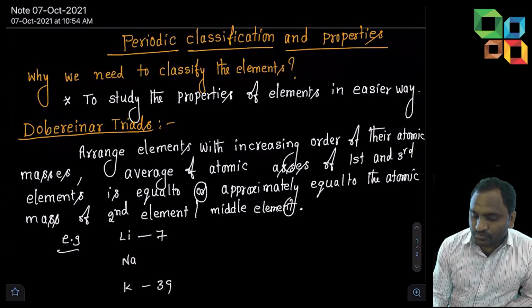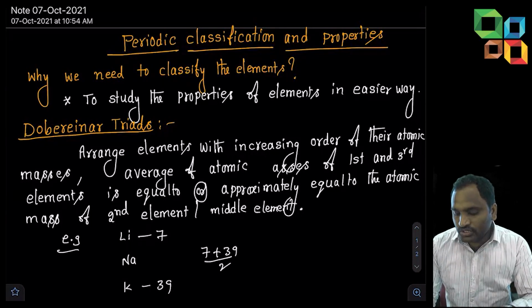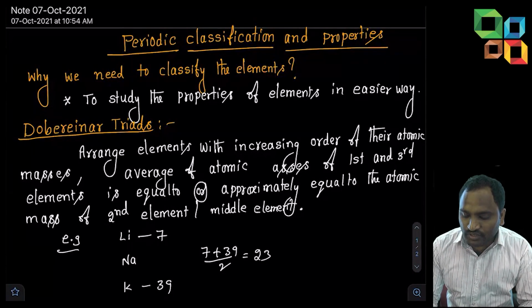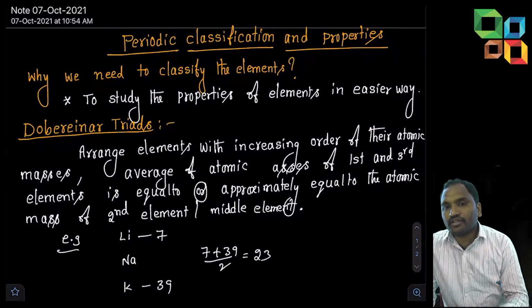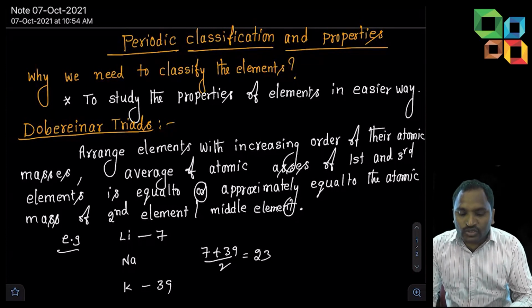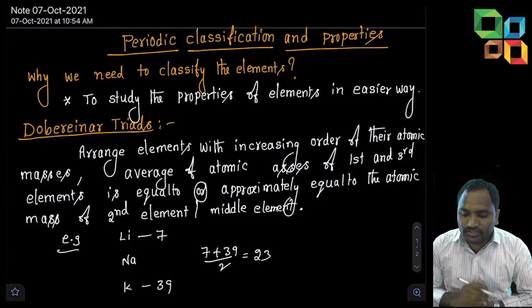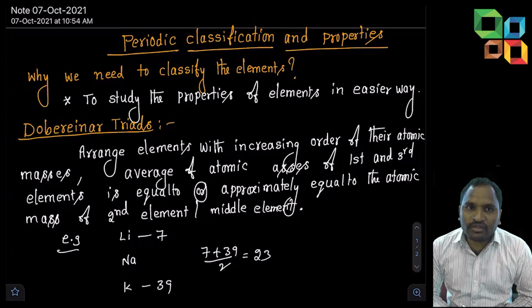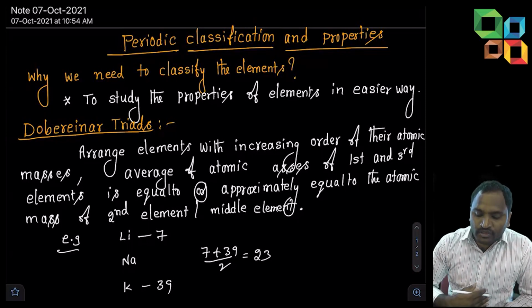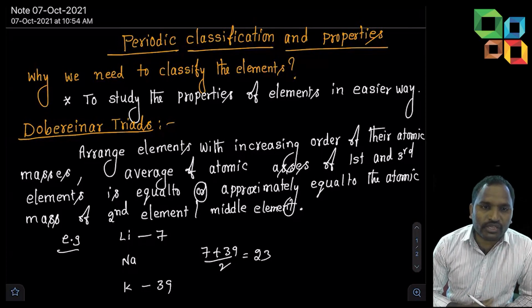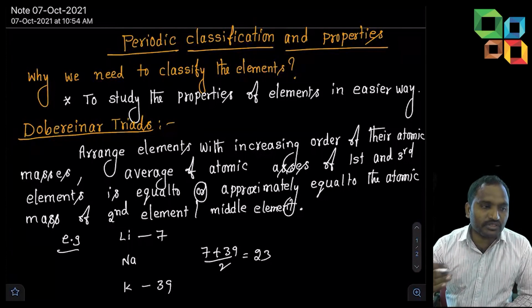Average of these two: 7 plus 39 divided by 2 elements, equals 46 by 2, which is equal to 23, the atomic mass of sodium, the middle element. So these three elements satisfy the Dobereiner triad condition. These three elements have the same properties.